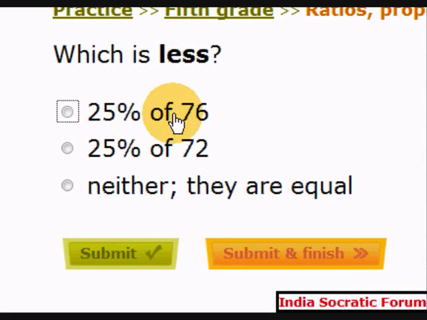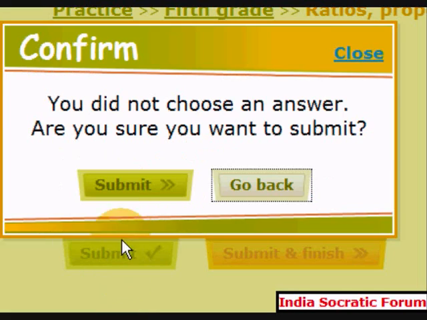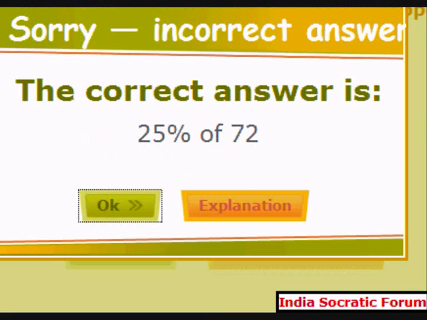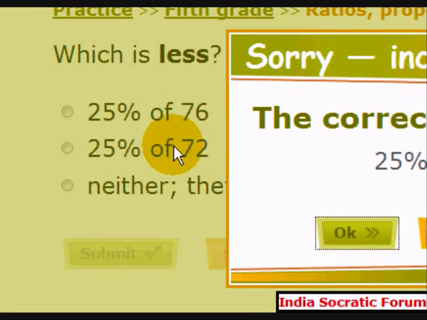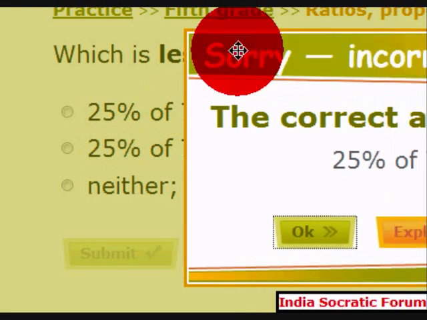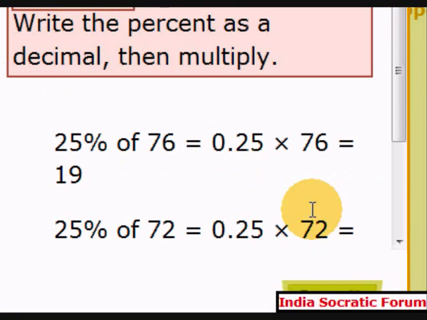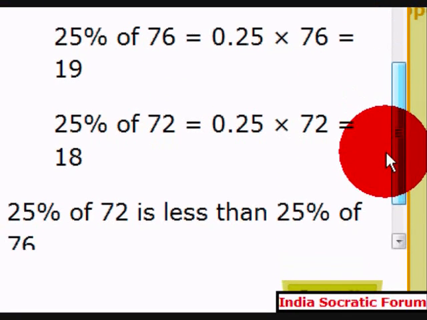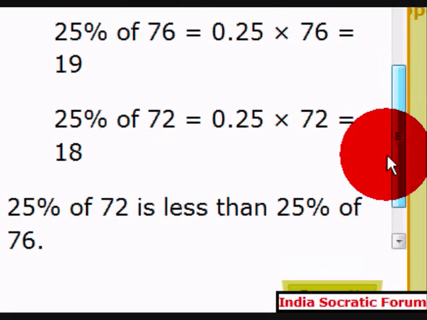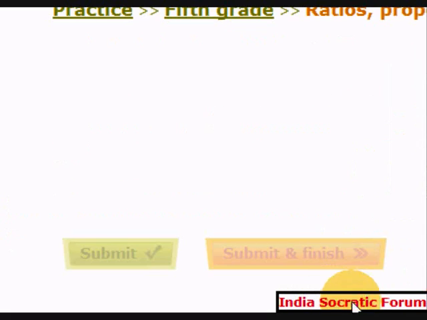Which is less, 25% of 76, 25% of 72, or neither? The answer is 25% of 72 is less than 25% of 76. The reason is here. Pause the video and learn it.